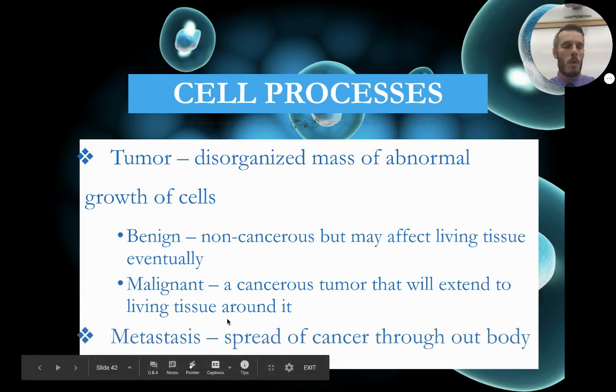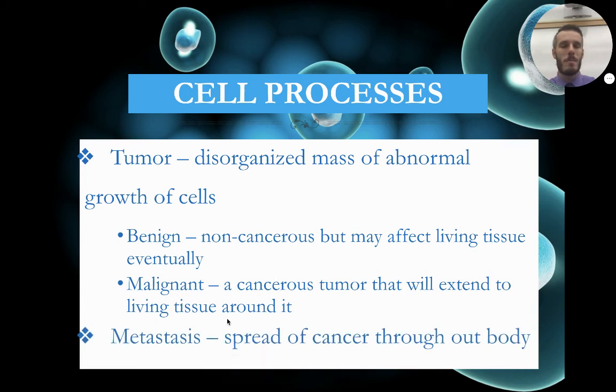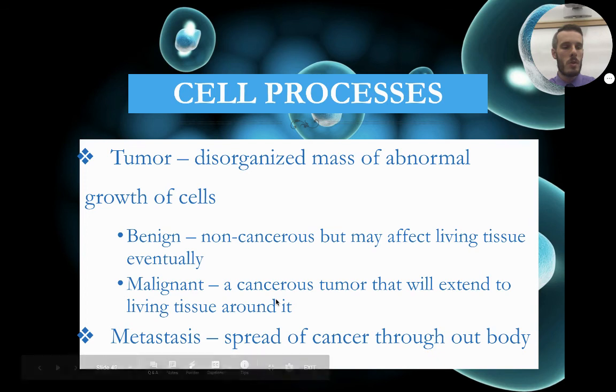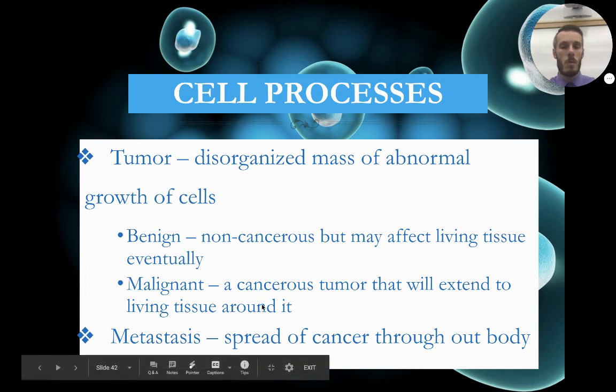Okay, so a process called metastasis is where the cancer will spread to other parts of the body. For example, lung cancer would be affecting just the lungs, but if it metastasizes, then it will spread into other parts and cause cancer there.